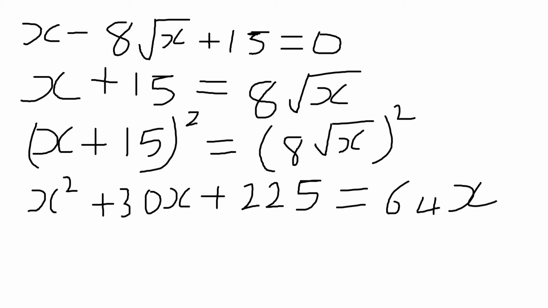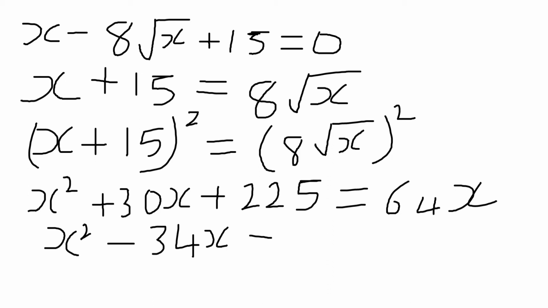So at this point we can subtract 64x from both sides. So if we subtract 64x from both sides, we will get x squared minus 34x, because 30x minus 64x will be negative 34x.